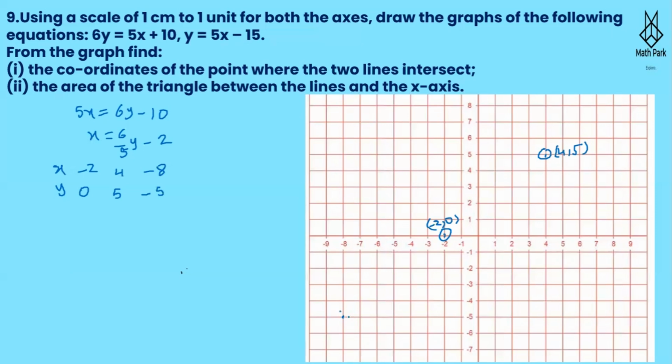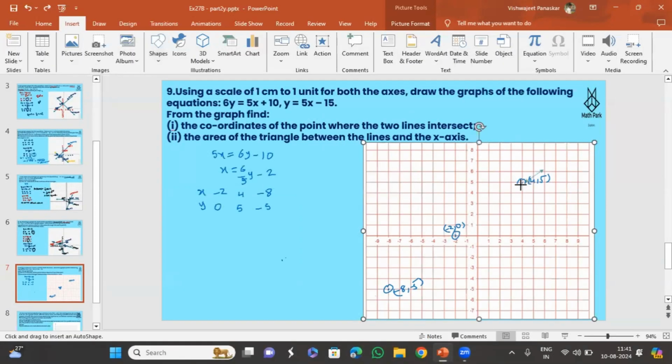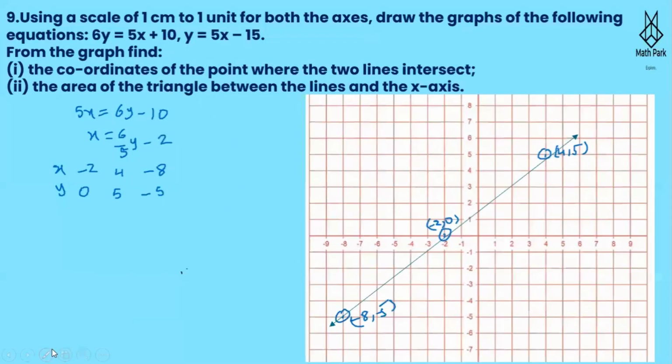Let us draw the line and label the line there. The equation of this line is 6y is equal to 5x plus 10.